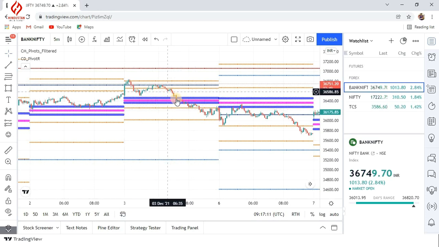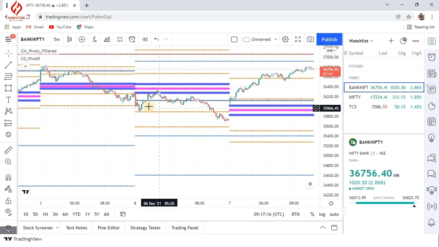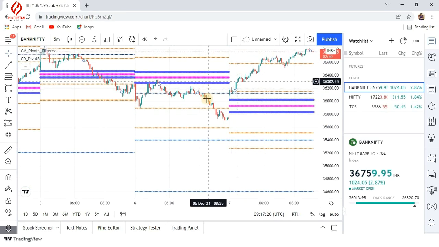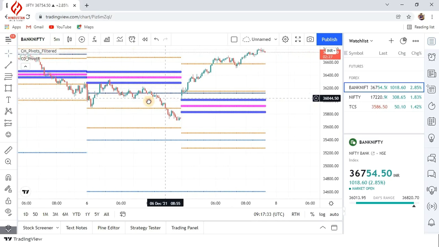See, price breaks this CPR easily and comes down, and then a wide CPR. You can see the wide CPR here. Suppose you have taken a long trade, you have to book your profit when price comes near the CPR. That is, price supports at this CPR when there is a wide CPR, right?